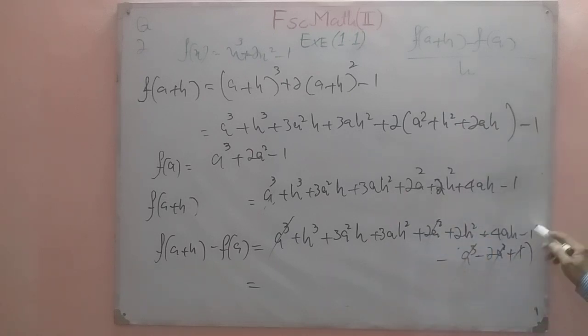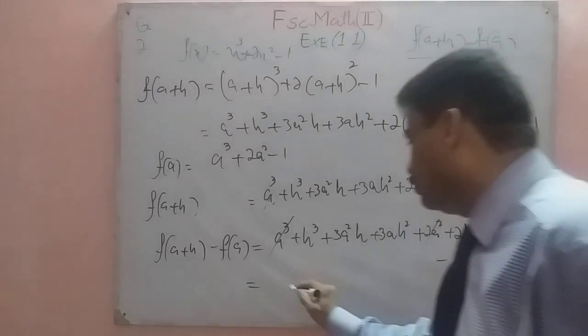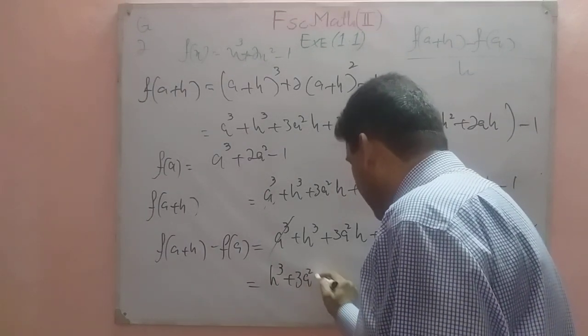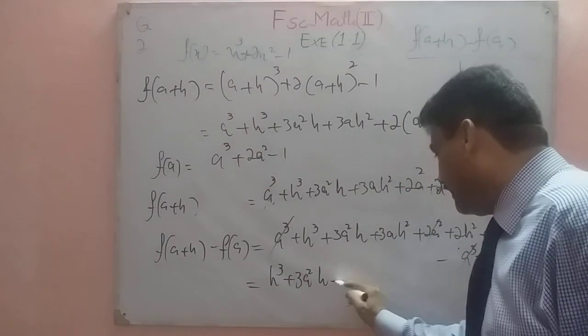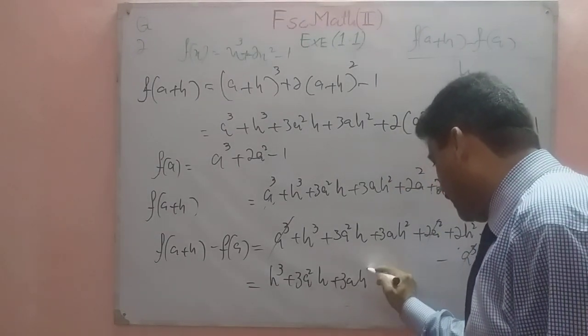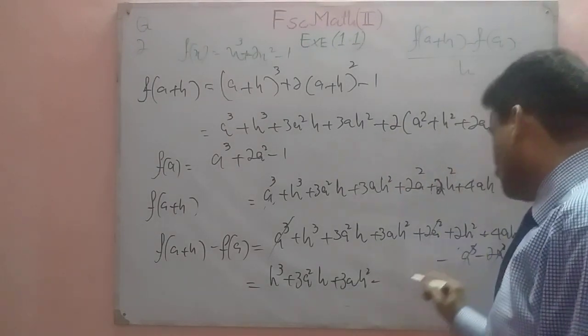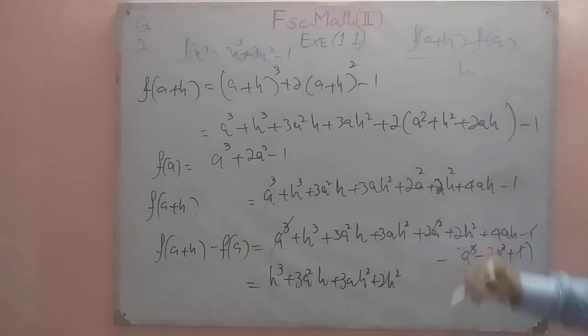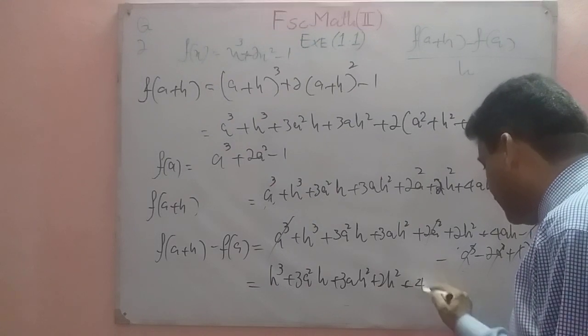This plus 1 cancels minus 1. We will get h cube plus 3a square h plus 3a h square plus 2h square plus 4ah.